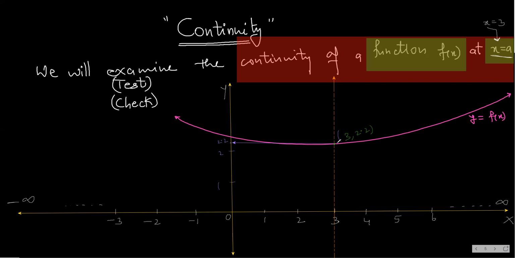Further, what I notice is when I'm moving on the function, see what I'm doing. I'm moving on the function from left to right. As I'm moving on the function from left to right, what is happening? The value of x is approaching 3.